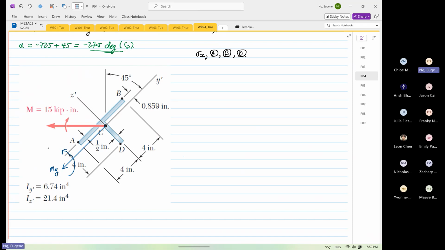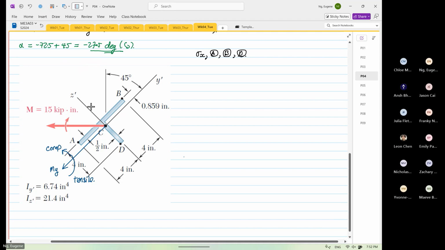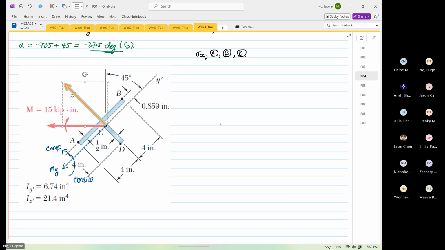So this is under compression. And this is under tensile. Then if we look at moment about Z, I'm going to do orange in color. This is our moment. Again, right hand rule, you grab about Z.